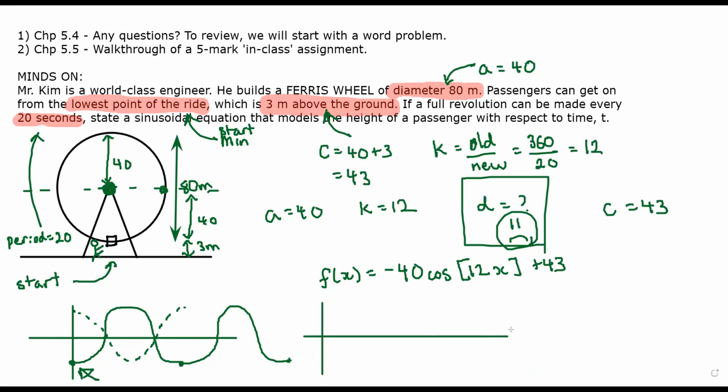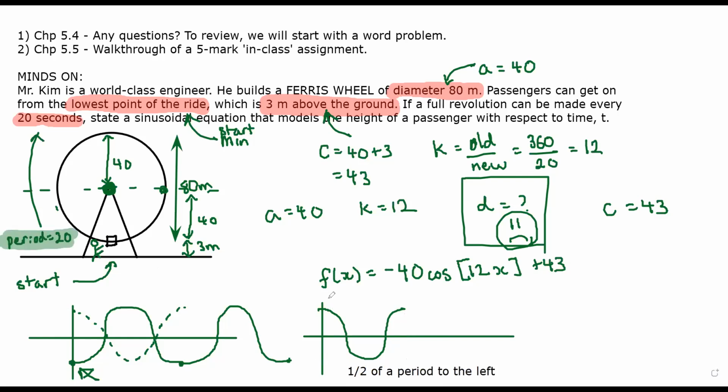So I'm going to still muscle through. Let's pretend you didn't know to vertically flip it. How do I get from this cosine to the one on the left? I would have to move half of a period to the left. Well, what is one period? One period is 20 seconds.